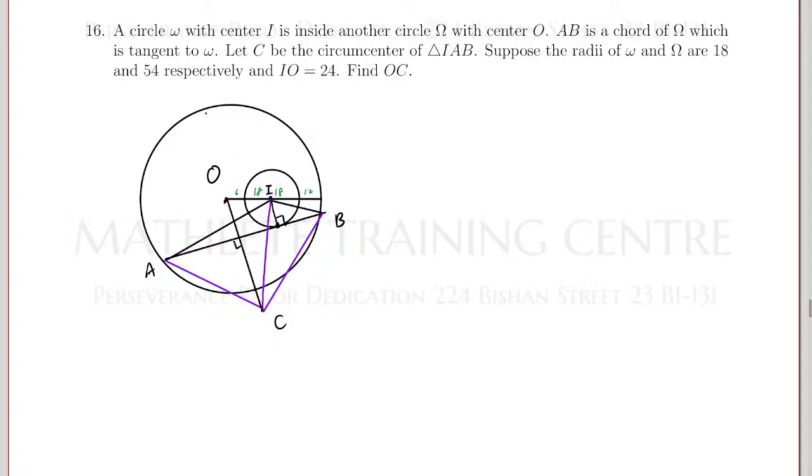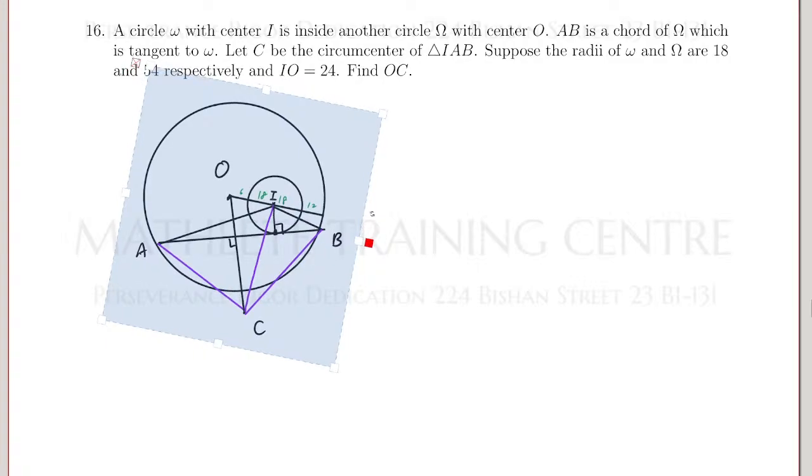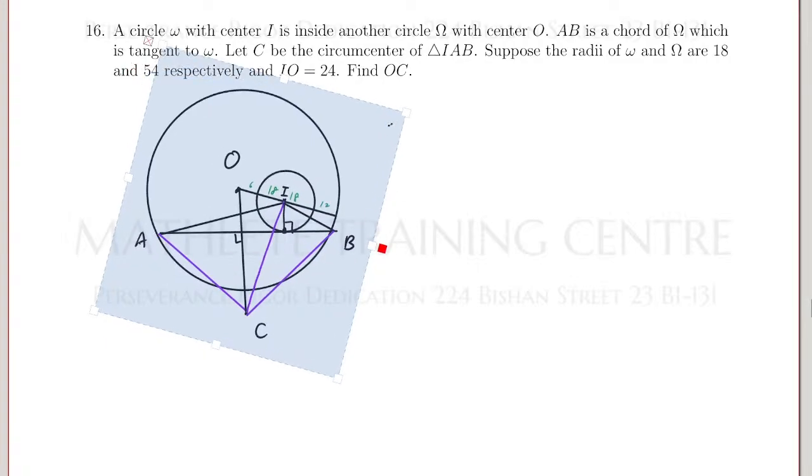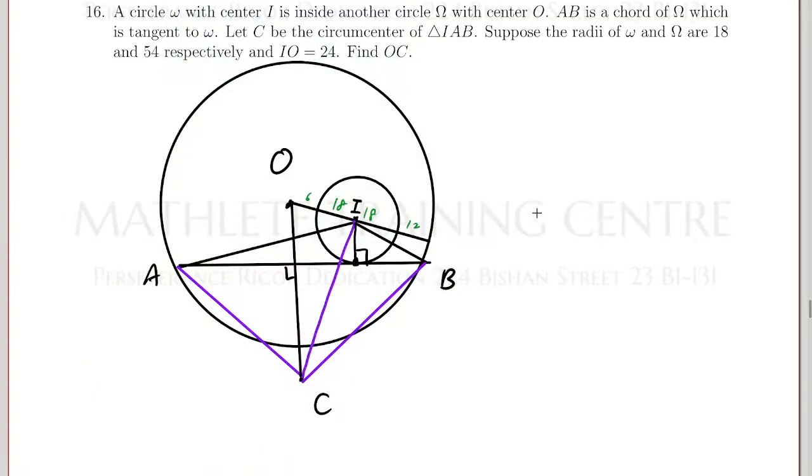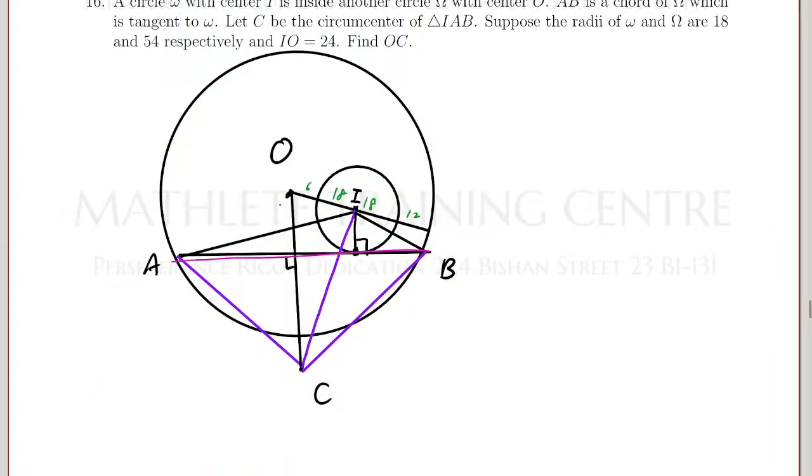So what we can do here is make a slight change in the diagram. We can do coordinates, but with this as our x-axis and with this as our y-axis.